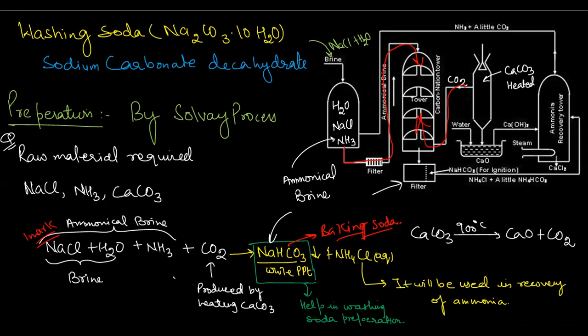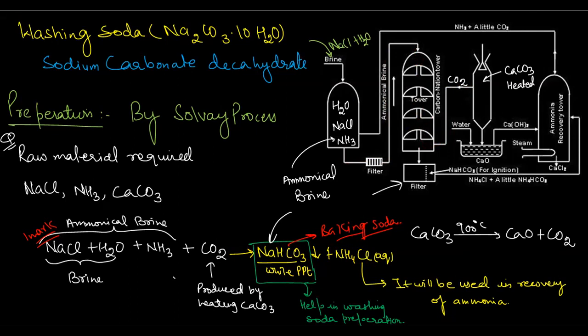This carbon dioxide is produced by heating calcium carbonate, and it is passed to this chamber. After passing it, we will get sodium hydrogen carbonate and ammonium chloride.